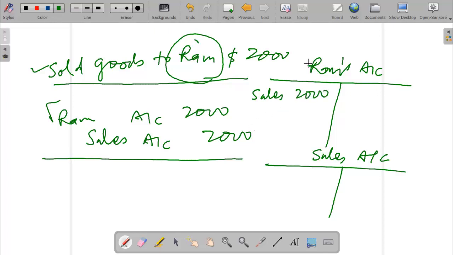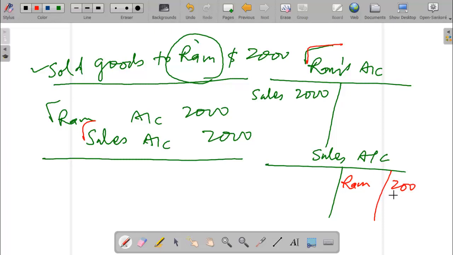So the posting is correctly made in Ram's account. There is no mistake. But while making the posting in the sales account, see what I did. Sales account is credited in the entry, so on its credit side I wrote Ram. But instead of writing 2000, I wrote only 200.